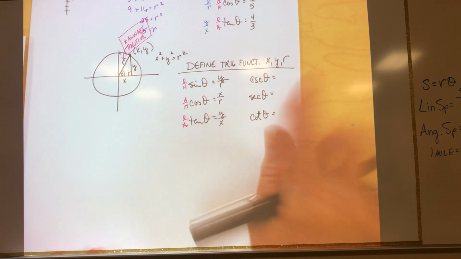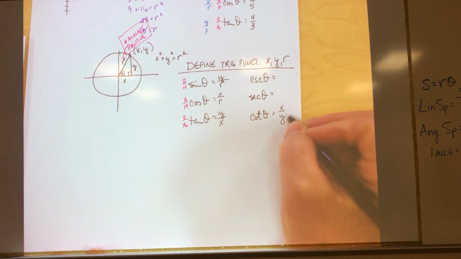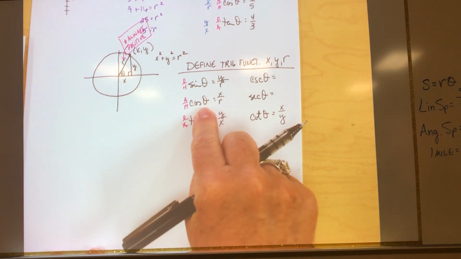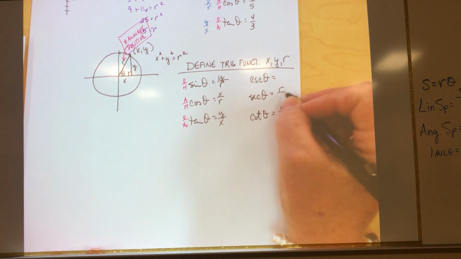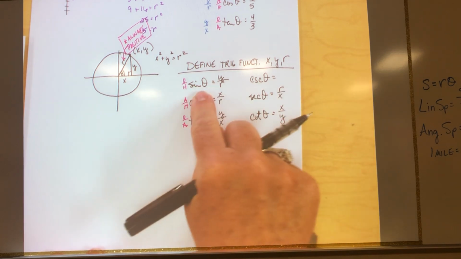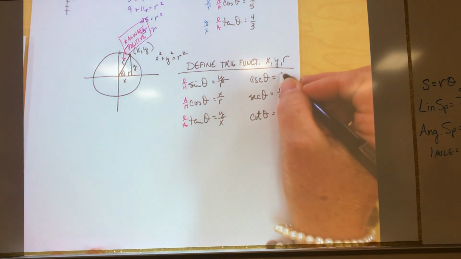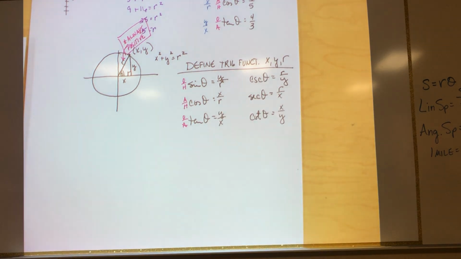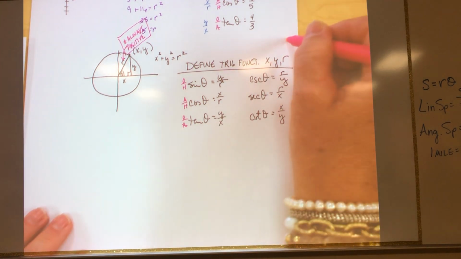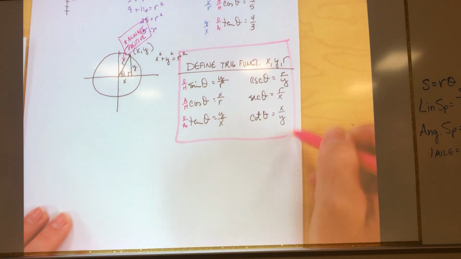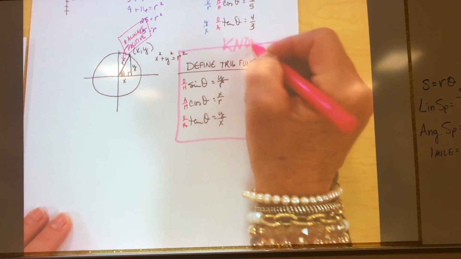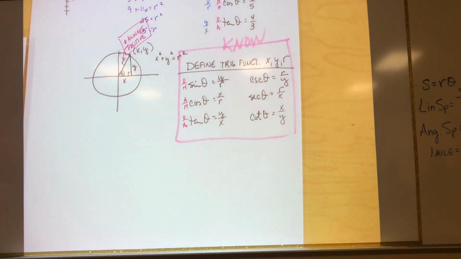So this becomes X over Y. Secant is the reciprocal of cosine. He becomes R over X. Cosecant is the reciprocal of sine. He becomes R over Y. And I need you to know this. Okay? I need you to know that.